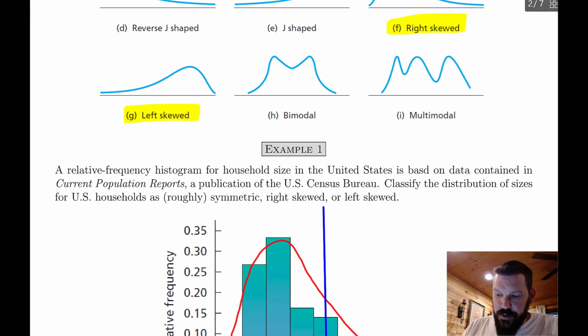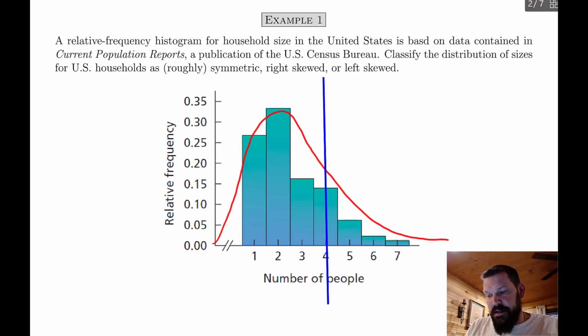So this graph is definitely right skewed, because the values are getting smaller and smaller the further out we go to the right hand side of that line of symmetry that I sketched in there.